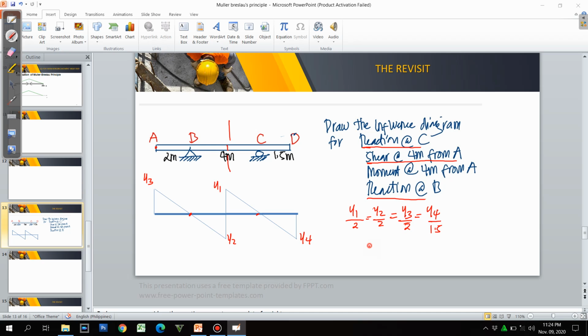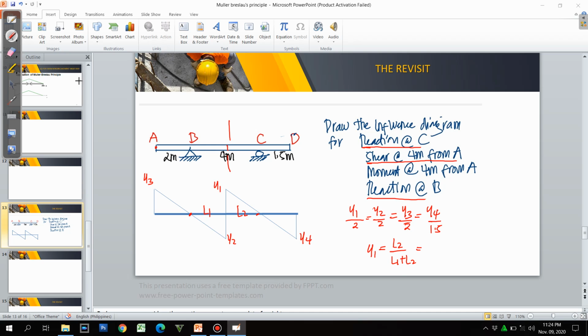So if we are concerned with the shear, it is just equal to L1, okay, say this is the base of y1, which is actually L2. So L2 all over L1 plus L2.